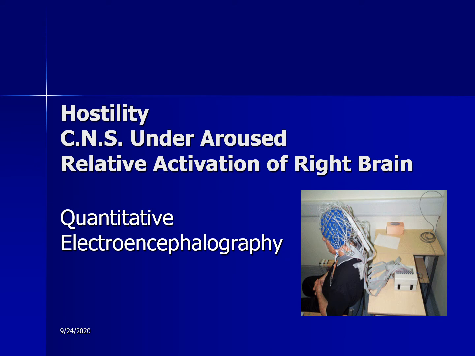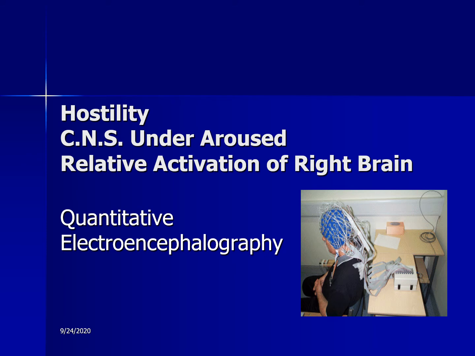Okay. So one of the first things that I would do in a neuropsychological evaluation is evaluate arousal level, our first functional unit, the brainstem reticular activating system, the sleep arousal systems, largely in the brainstem. And here we're doing quantitative electroencephalography. We're measuring the electrical activity in the brain again. And what we find is that hostile violent prone folks in a laboratory setting that's not threatening or anything is that they're actually under aroused and they have relative activation of their right brain.